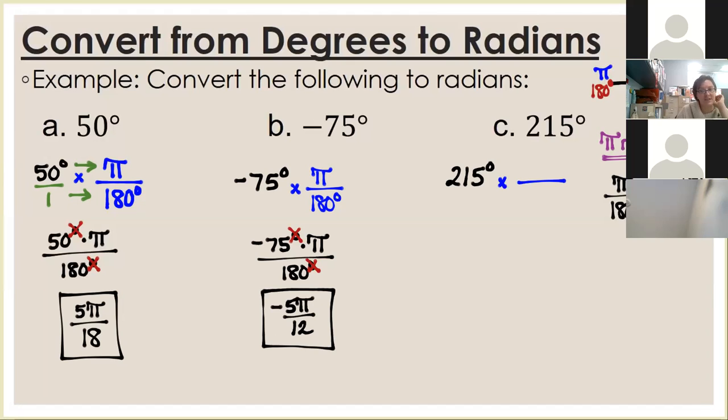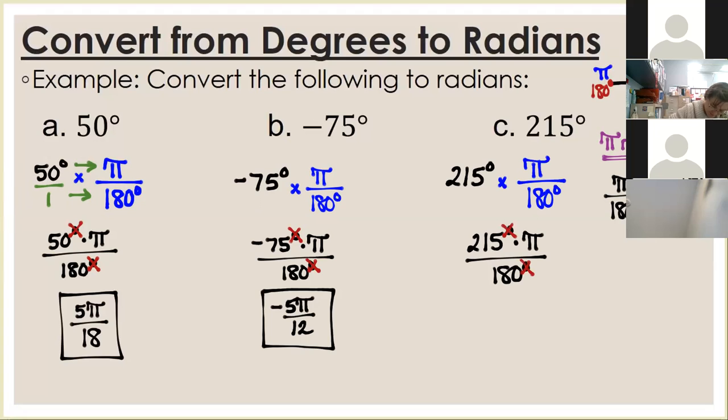I want to take negative 215 and multiply it by what so that I can convert it into radians? Pi over 180. I always want the unit that I'm trying to get rid of to cancel on the bottom.